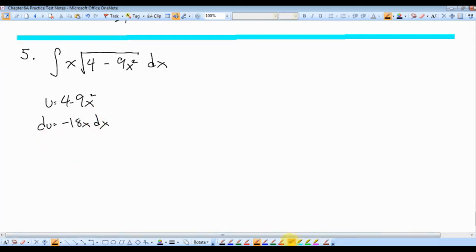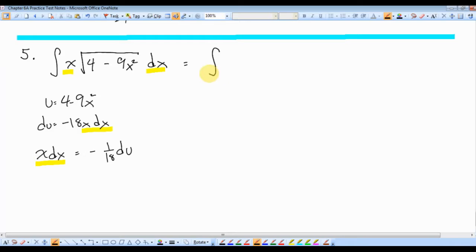We have an x. We have a dx. We don't need the 18. So x dx equals negative 1/18 du.